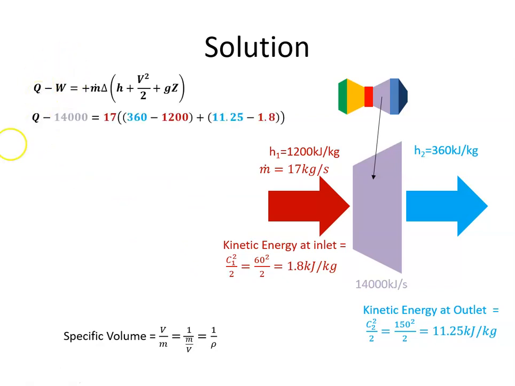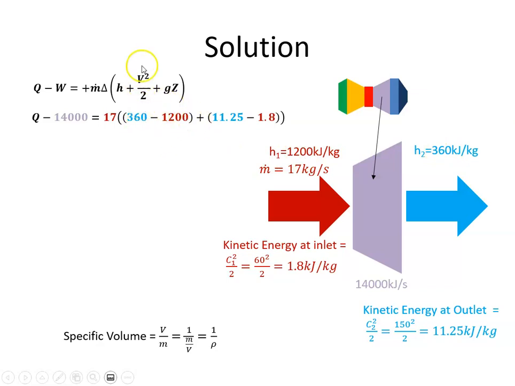We're told that the work done by the turbine was 14,000 kilojoules per second. We're told the mass flow is 17. The change in enthalpy is 360 kilojoules per kilogram at the exit and 1,200 kilojoules per kilogram at the entrance.